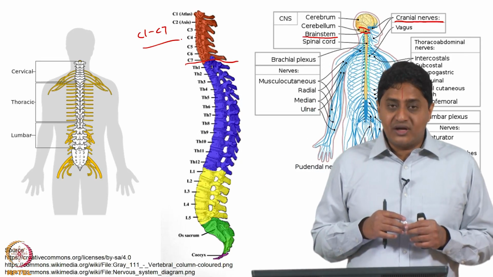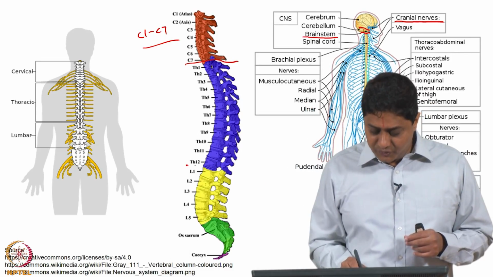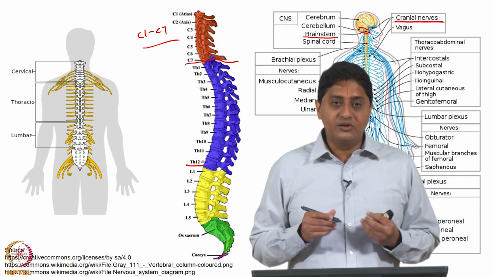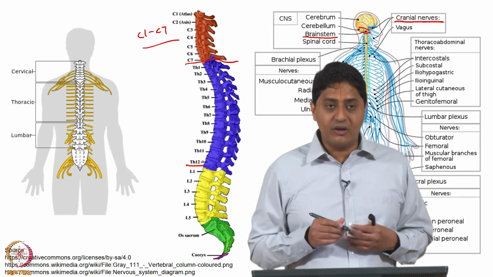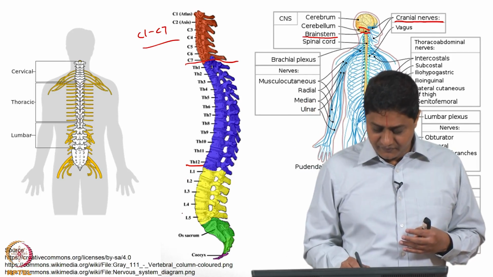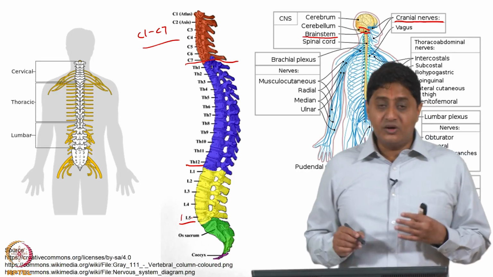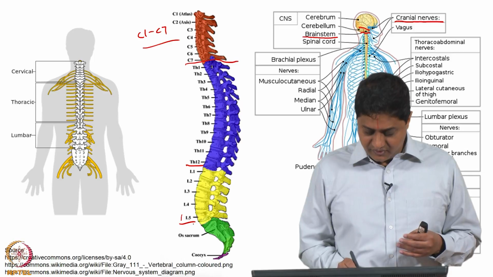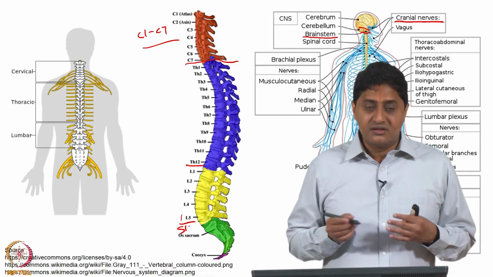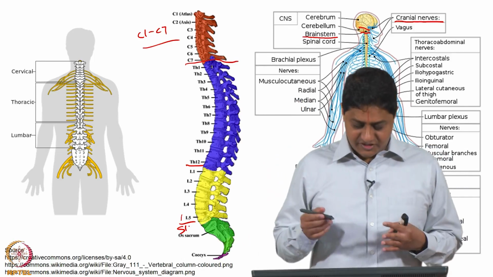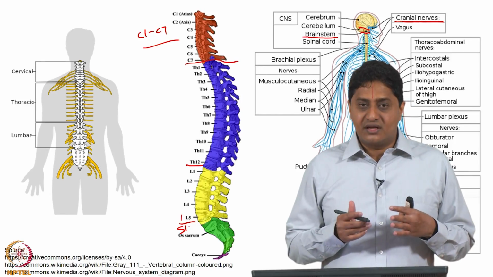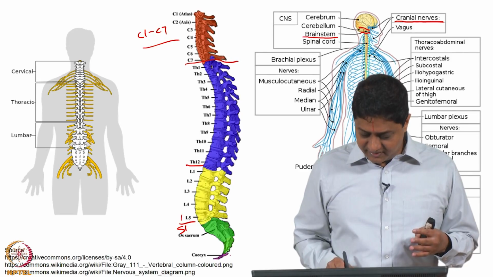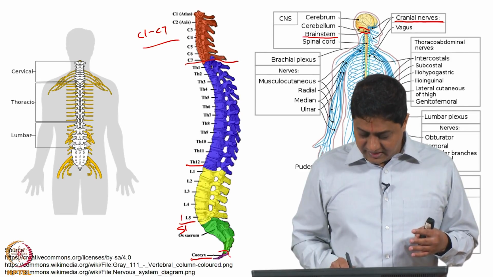Below C7 you have 12 thoracic vertebra, T1 to T12, and below the thoracic vertebra you have 5 lumbar vertebra, L1 to L5, and below this, depending on classification, you have S1 to S5 or just S1. Some classification methods use the sacrum as having 5 vertebra, some say it is only a single vertebra, and then you have what is called the coccyx or the tailbone.